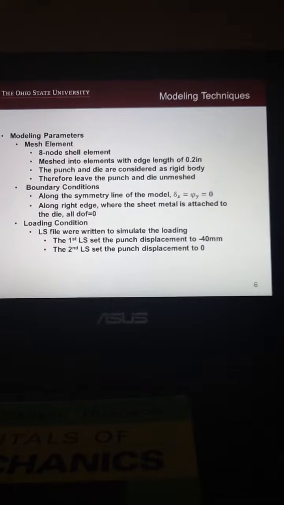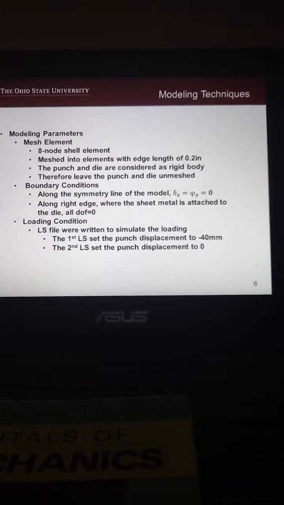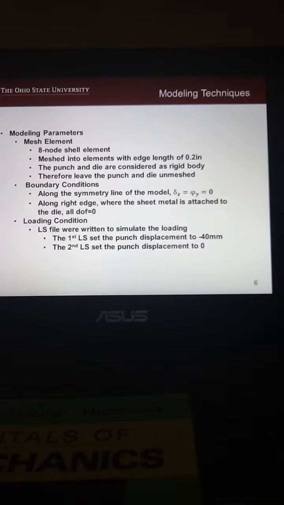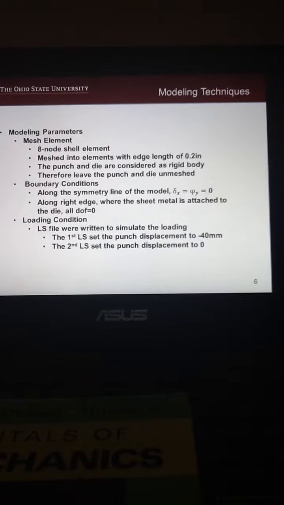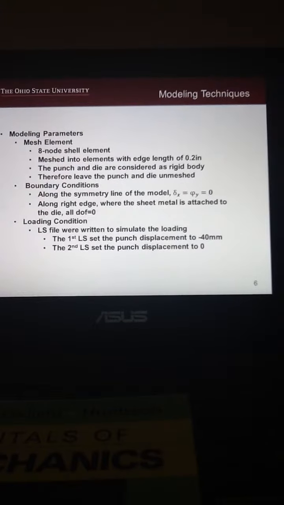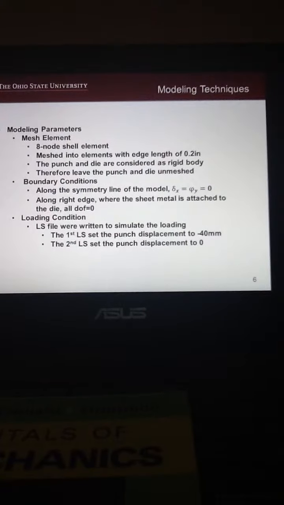For the boundary conditions, we set the displacement in the x direction and rotation in the y direction equal to 0 along the symmetry line of the model. Along the red edge where the sheet metal is attached to the die, we set all degrees of freedom equal to 0.